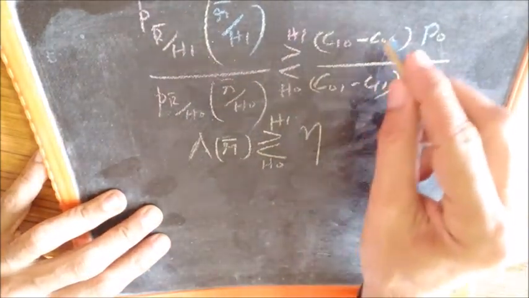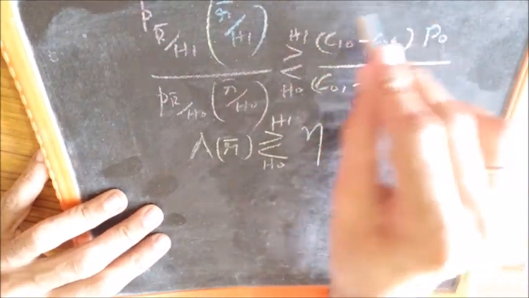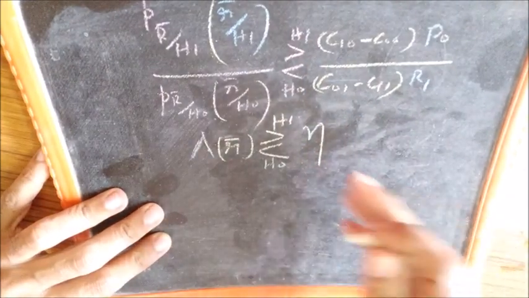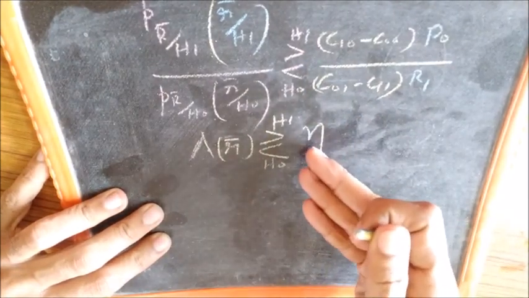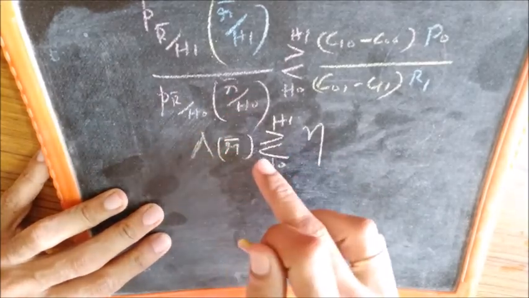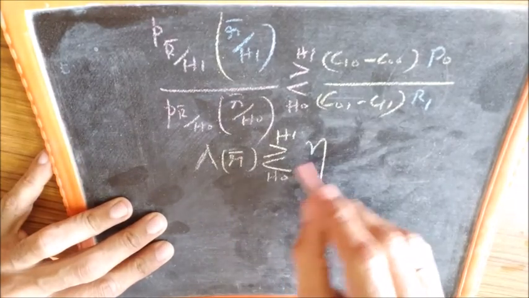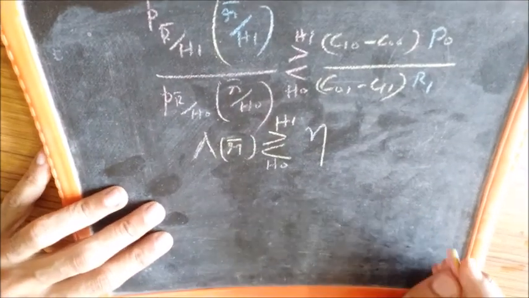So eta is the short notation for this ratio, and we can call it the threshold for the time being, because we are comparing this likelihood ratio, which is the ratio between the two conditional density functions, with the threshold to arrive at a decision.